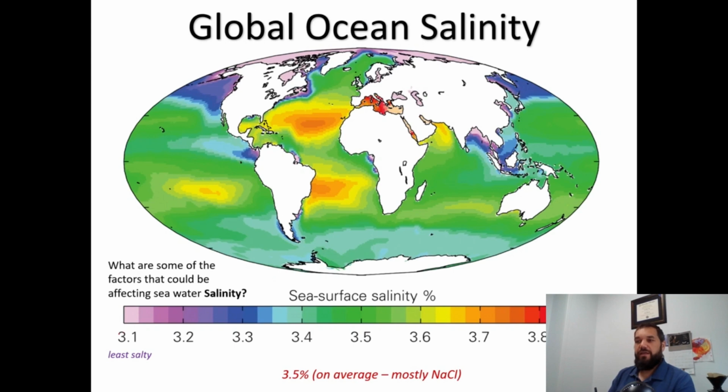Now, if you take a look at this, you'll see that the salinity doesn't really vary that much. We have places where the salinity is like 3.1%. There are some places close to the continents that are about 3.1%, right? Here's a question for you.